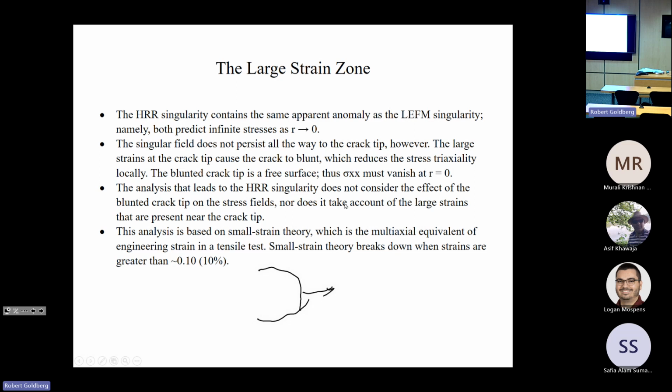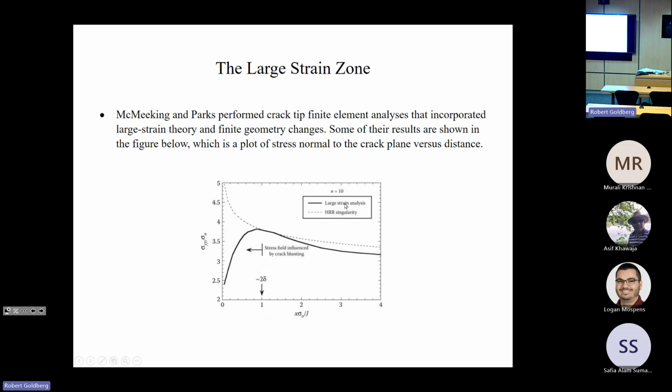When you start getting into larger strains, like many other things in mechanics, the assumptions of small strain theory start to break down. As an example, McMeeking and Parks did a crack tip finite element analysis that incorporated large strain theory and finite geometry changes.